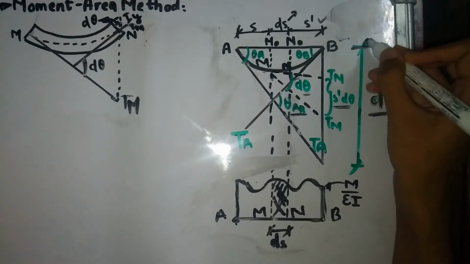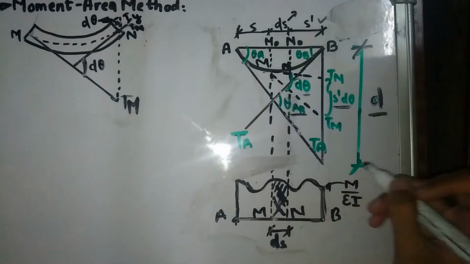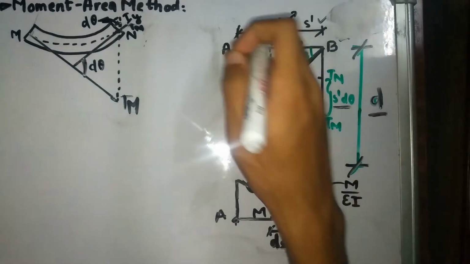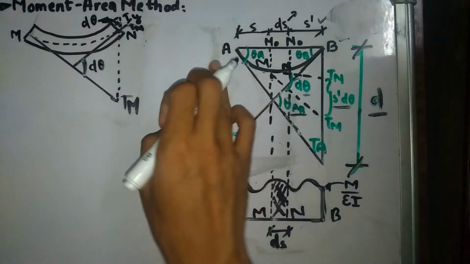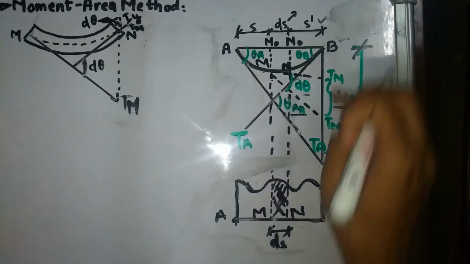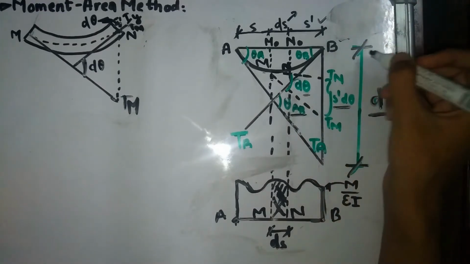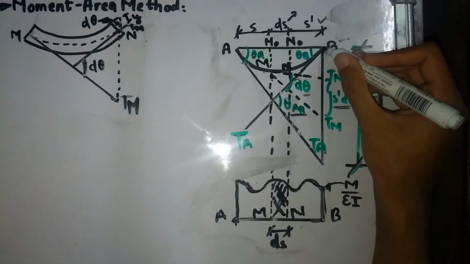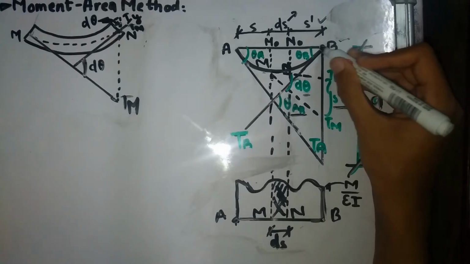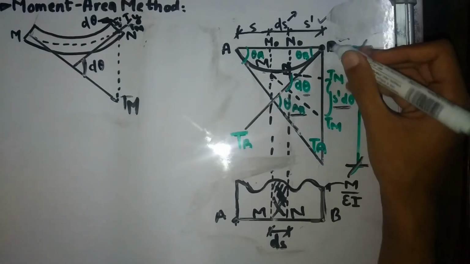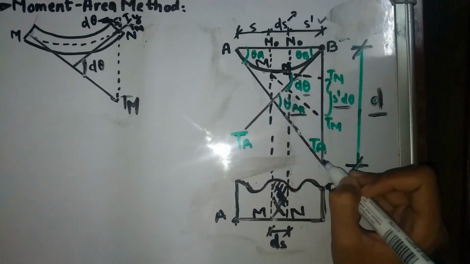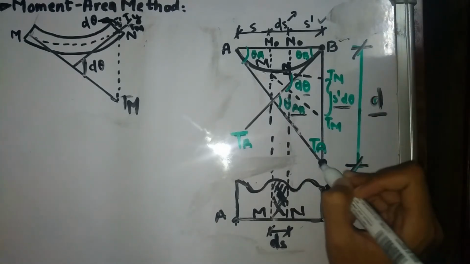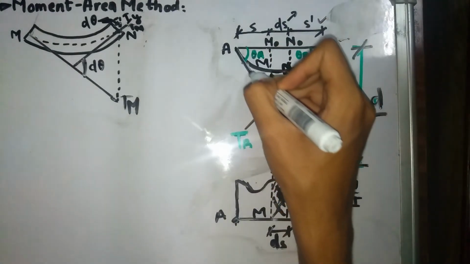D is our distance from point B up to TA, which is the tangent at A to this elastic curve. So D is the deflection of point B on the elastic curve from the tangent at point A.